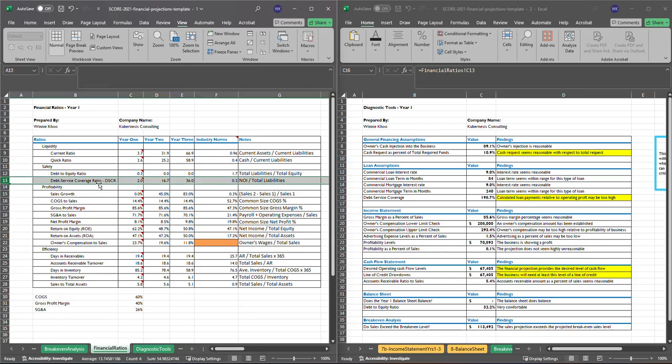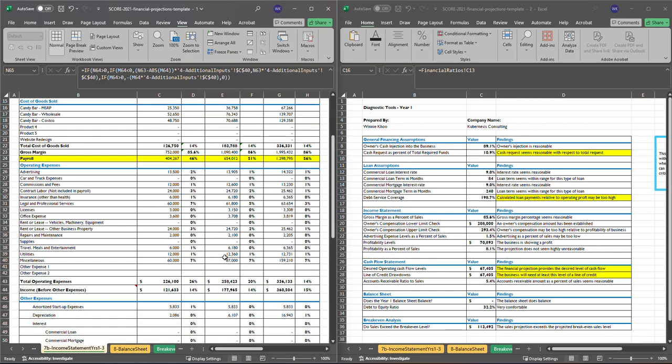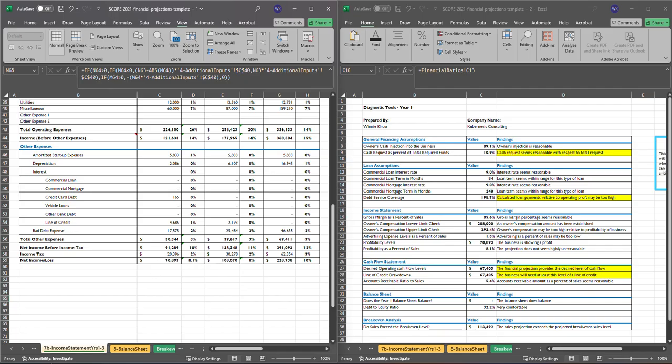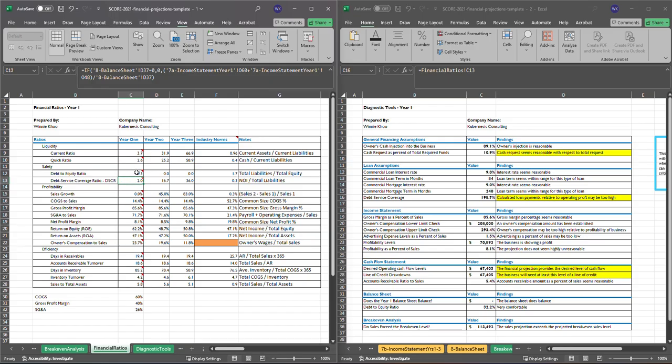So right now, basically I have enough net income to cover my debts, and it's almost a 2-to-1 ratio.